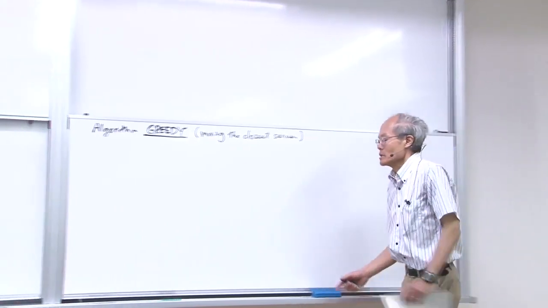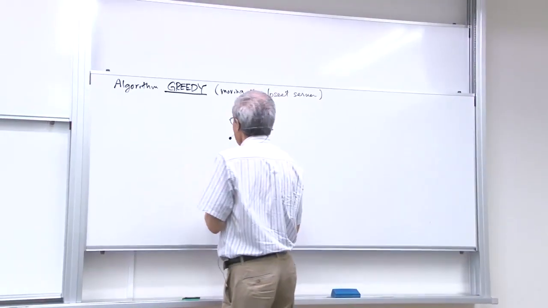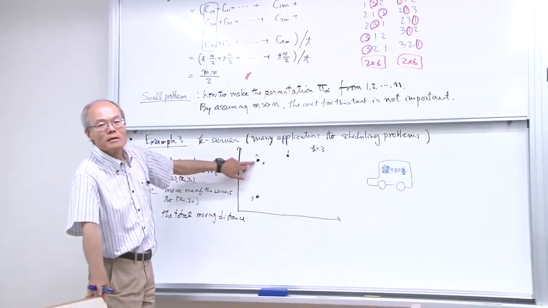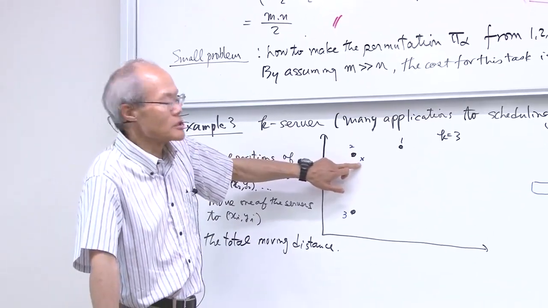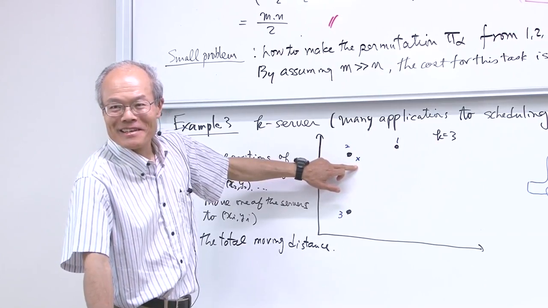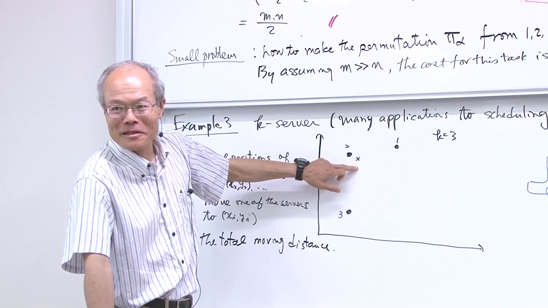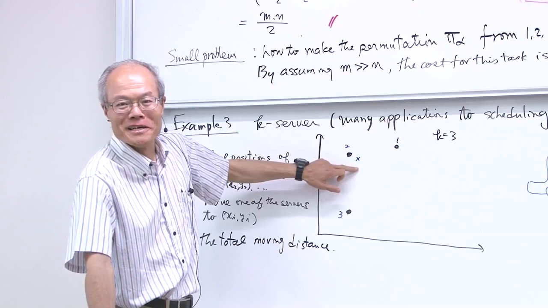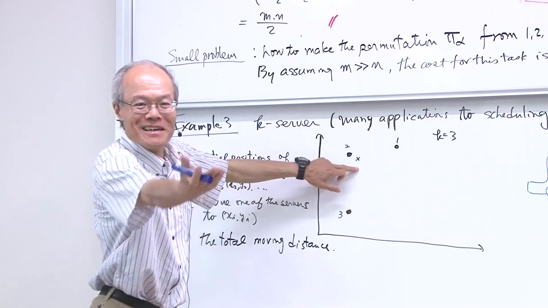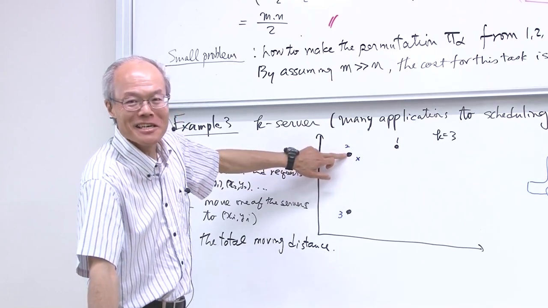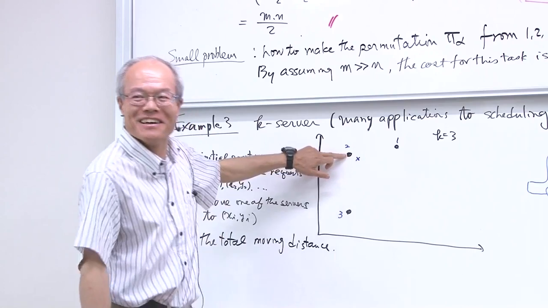Why? You moved this guy to the requested point. But the adversary chooses the next request where? Exactly, here. You know everything.